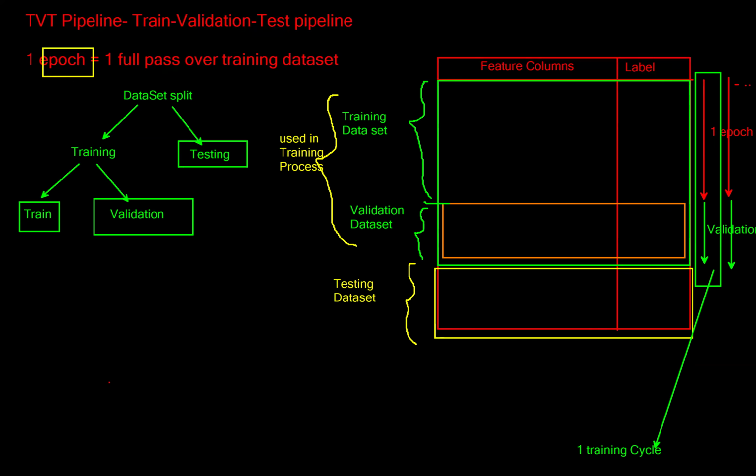If I want to summarize this, this is the first epoch, this is the first validation, this is the second epoch, this is the second validation, and it will continue. Let's say epochs are 50, so it will happen 50 times. This is epoch and validation. This is the first epoch and this is the first validation.